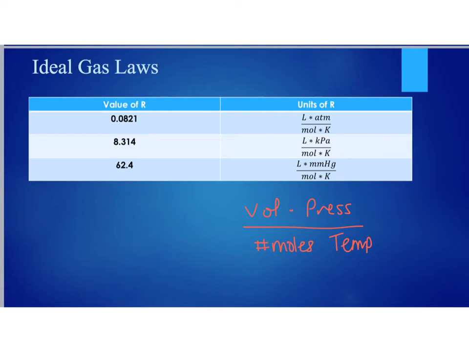Okay, so this is your unit for R. It's volume times pressure divided by number of moles times temp. So how you figure out which number to use is going to come down to what your unit of pressure is, because this is the only thing that's going to change. So let's take a look at an example to see how this is going to work.